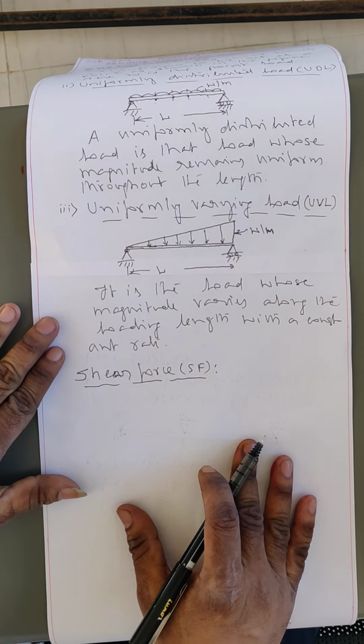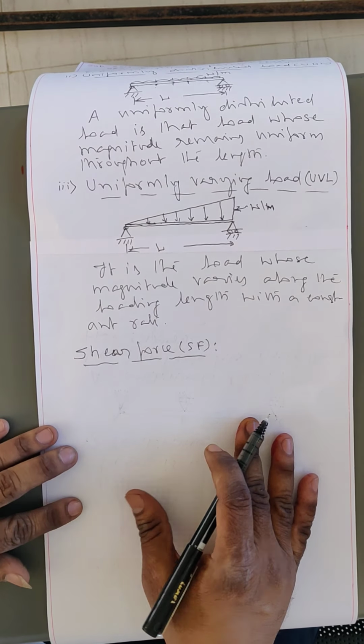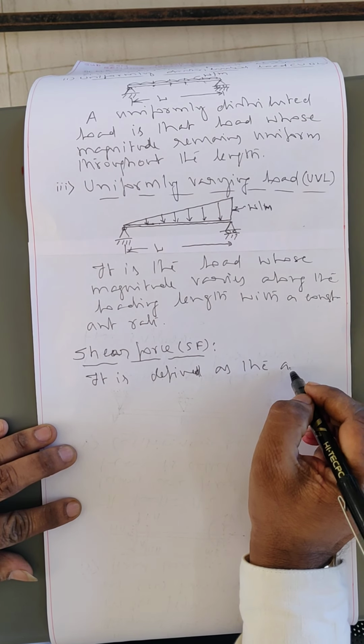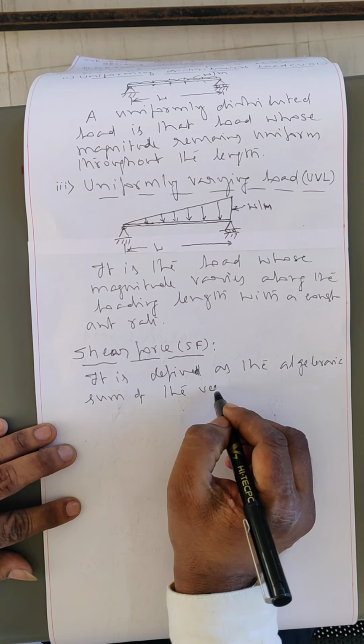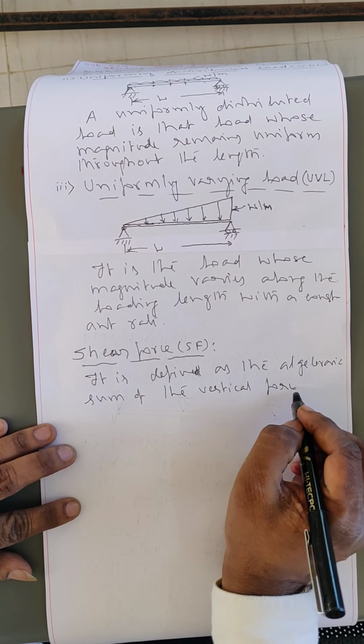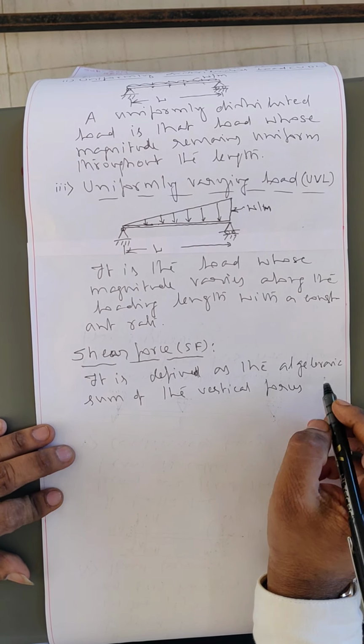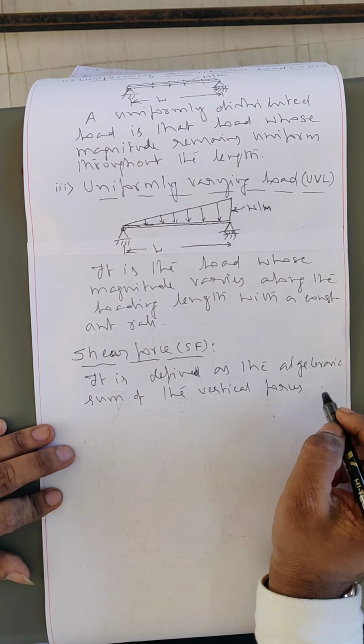Now I am writing the definition. It is defined as the algebraic sum of the vertical forces acting at any section of the beam, to the right or left of the section.